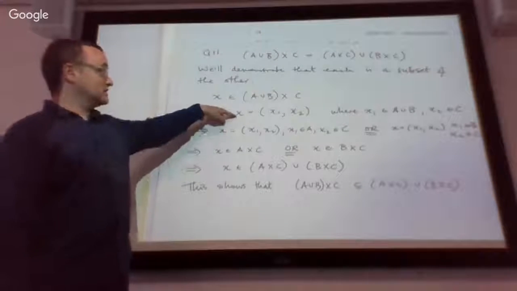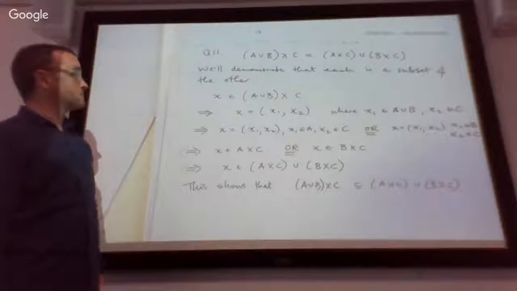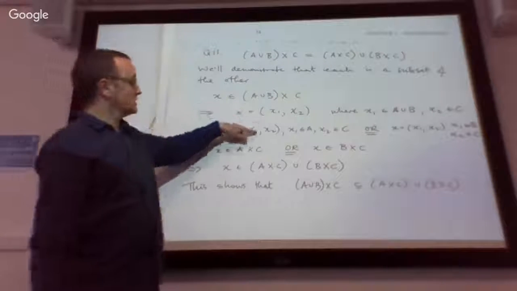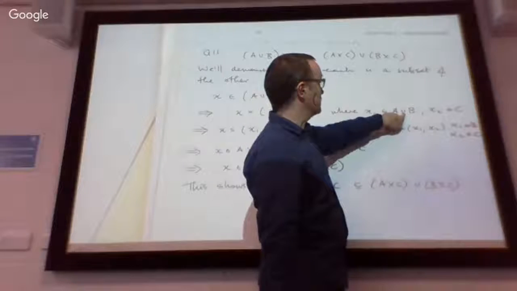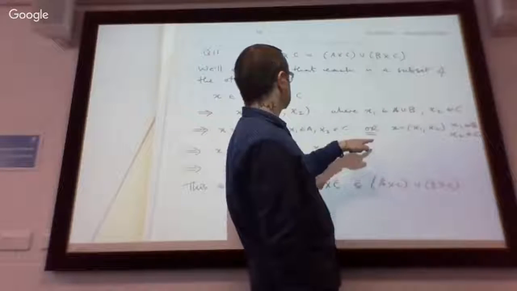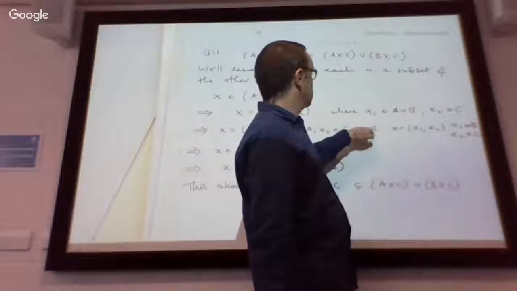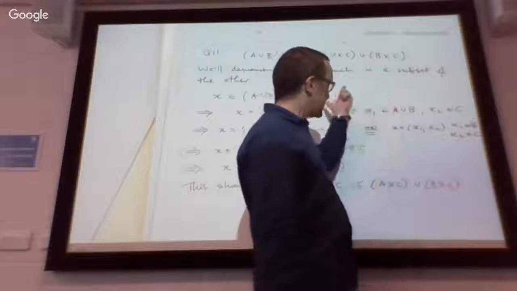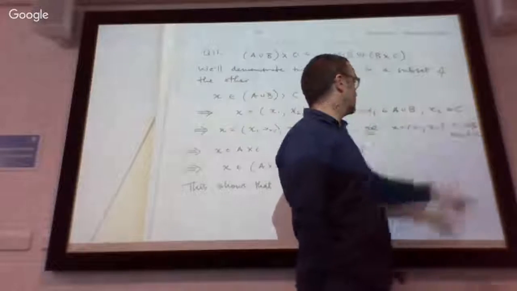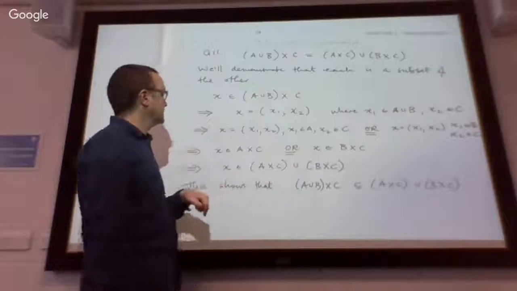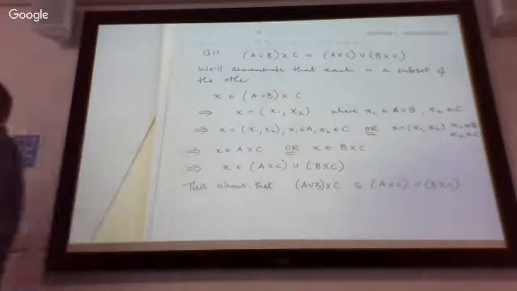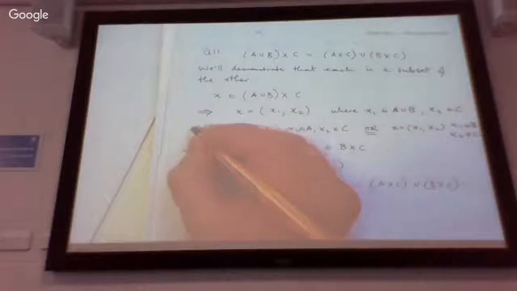And from here, can we get to here? Yeah, because the work done between these two steps is just the passing from this union operator here to this OR statement here. The x1 is coming from the union, so it's either the case that the x1 is coming from B, or it's the case that the x1 is coming from A. So these two we see now are exactly equivalent.